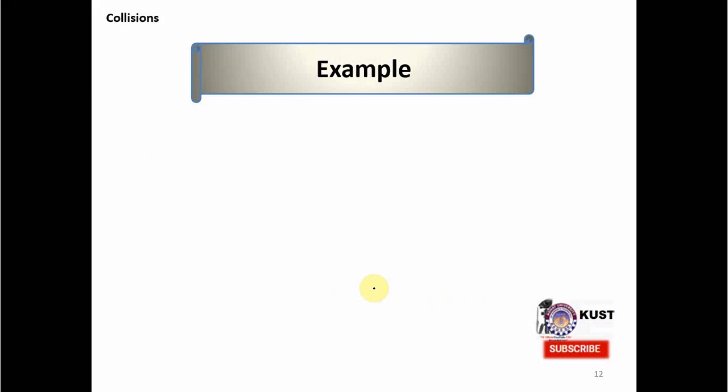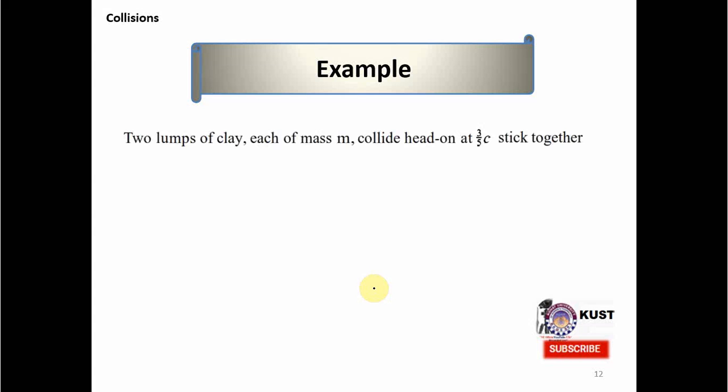Now, at the end, we turn to an example. If we have two lumps of clay, a very simple example just to give you an idea of how one can use these collisions, each of mass m.